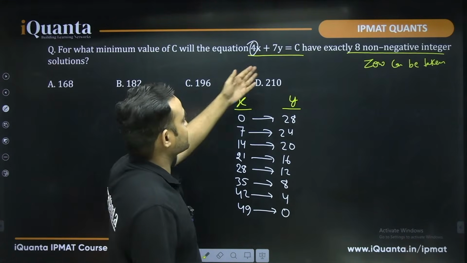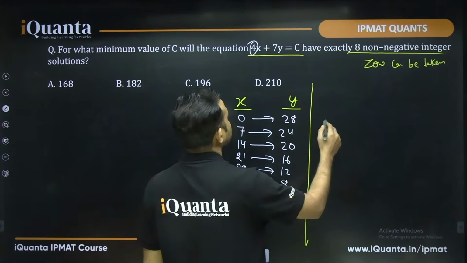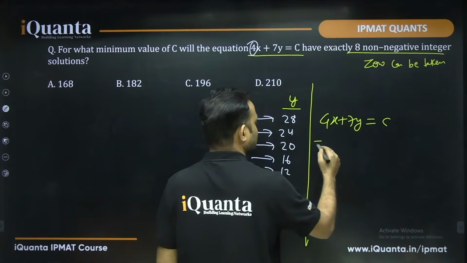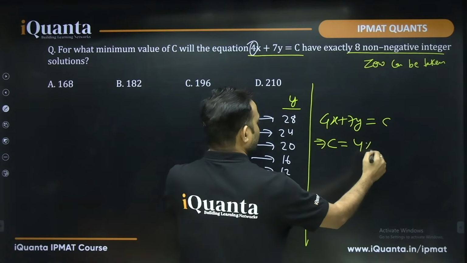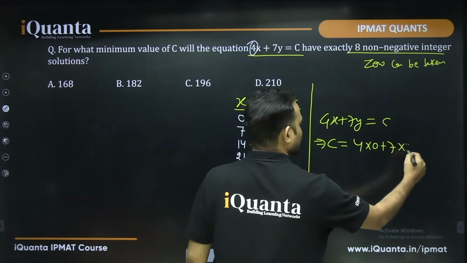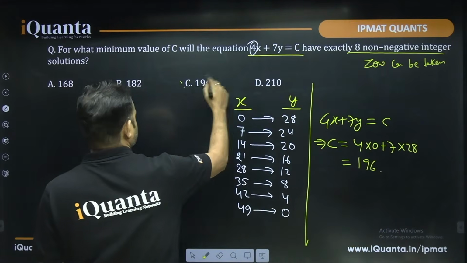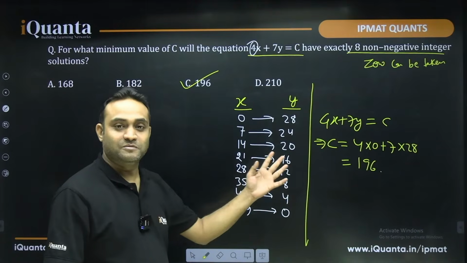Now if you want c, you can use any of these. So 4x plus 7y is equal to c. C will be equal to 4 into 0 plus 7 into 28, which is equal to 196. That will be your answer, guys.